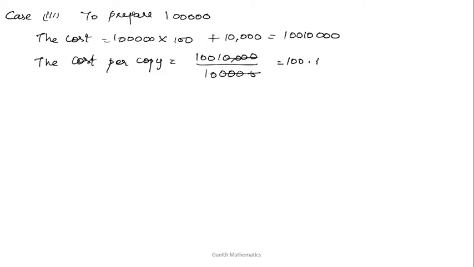Even though you are increasing the preparation to 1 lakh copies and more than 1 crore, it will not get reduced below 100, because we fixed the cost per copy as 100 for the printing charge, the paper charge, everything. So that won't reduce. The minimum cost of the book will be 100, and that happens when the typesetting cost becomes 0.